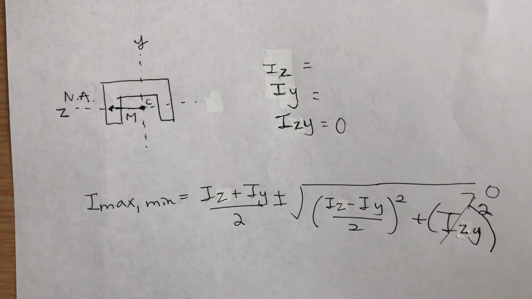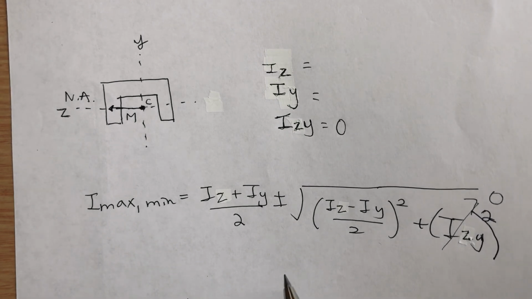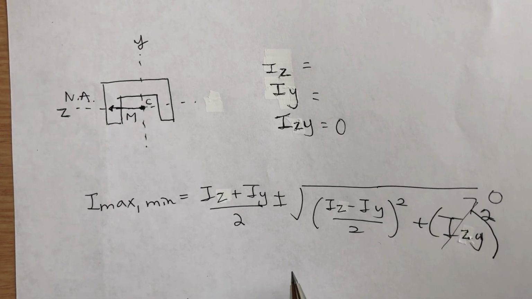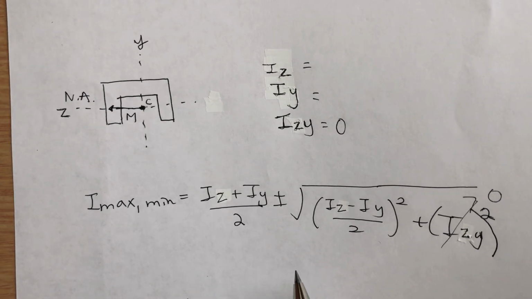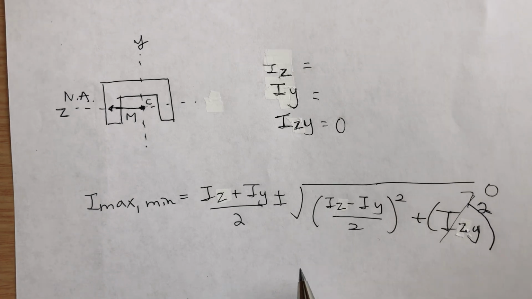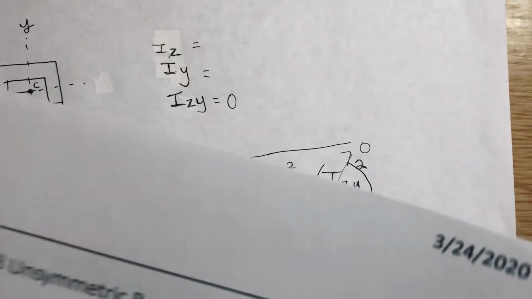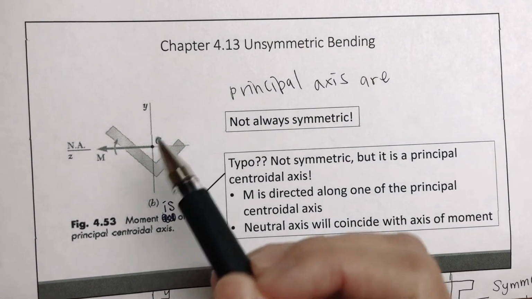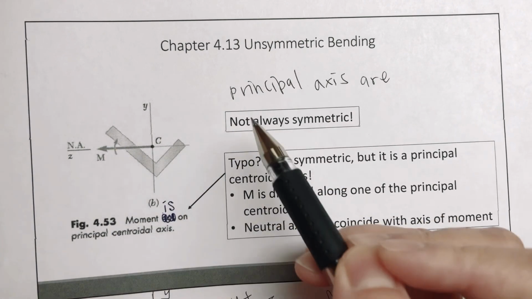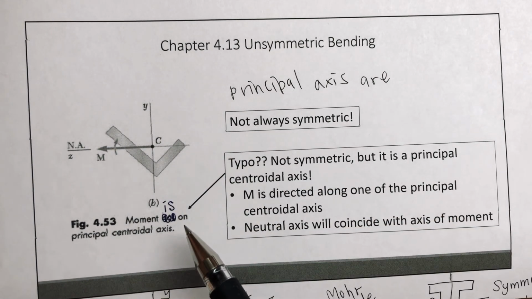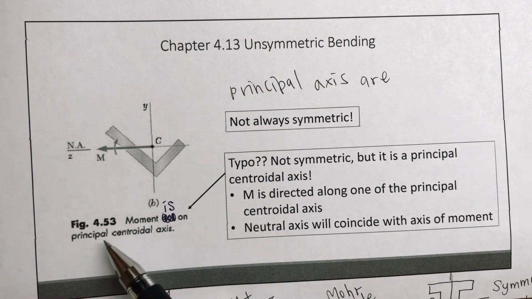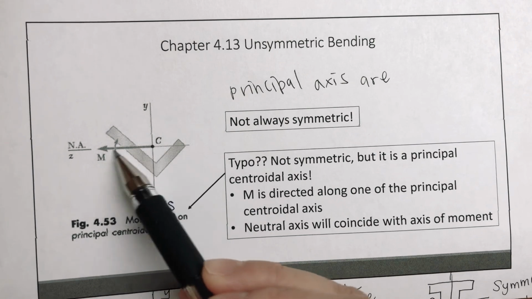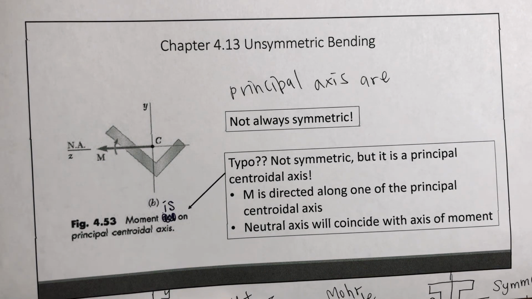Okay? If there is no line of symmetry, then you need to use analytical methods or Mohr's circle to determine where the principal centroidal axis is. Okay, so here, again, this is a typo in your book. There is no line of symmetry here. So you need to, but this is still the principal centroidal axis.